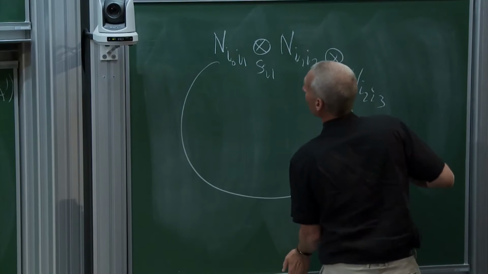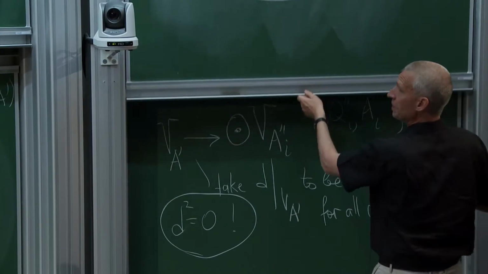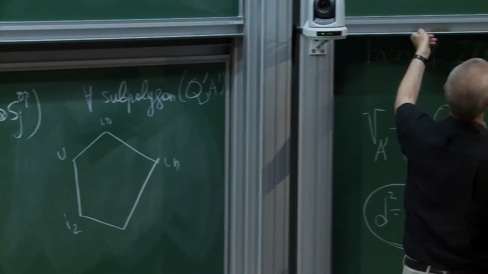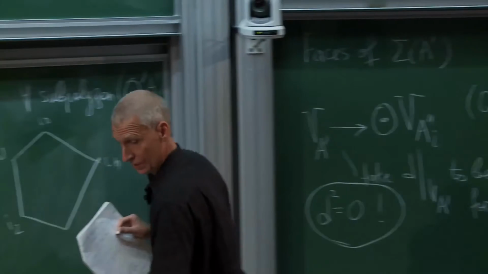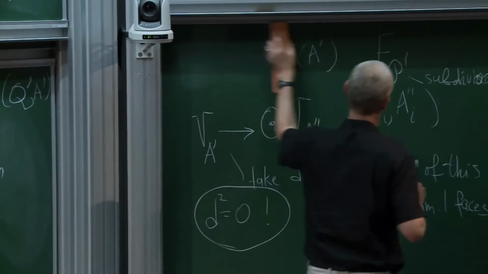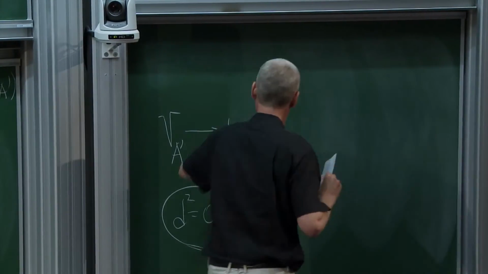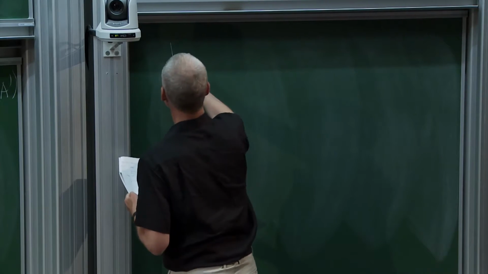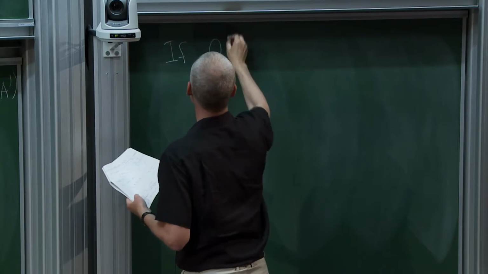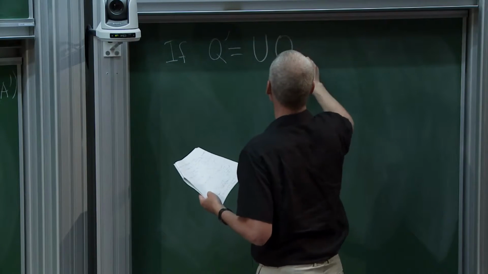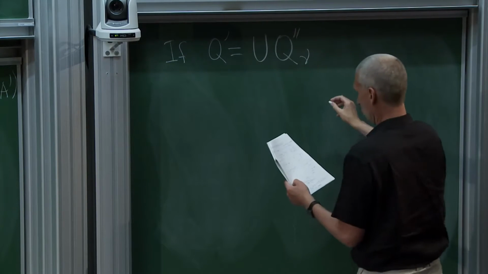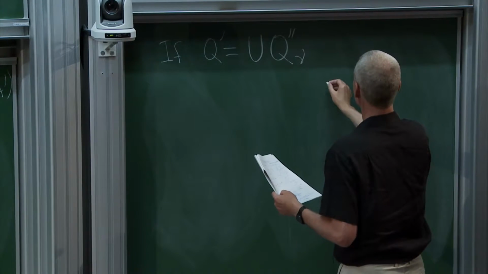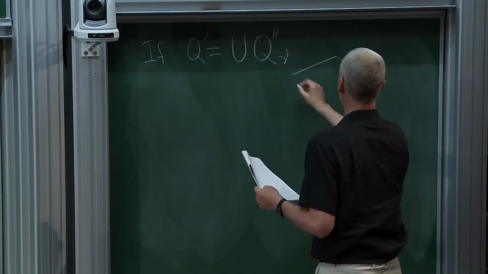So if a polygon is subdivided into a bunch of other polygons, then let me draw this here. If a subpolytope Q prime is subdivided into some Q second nu, let me just consider a case of subdivision like this.